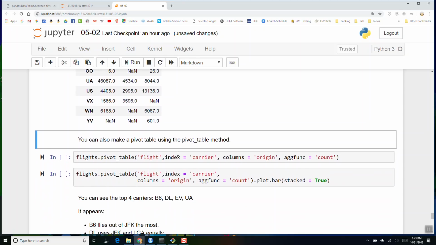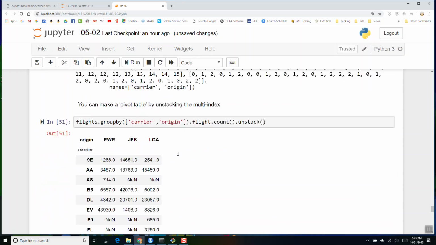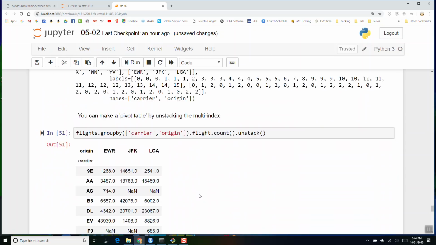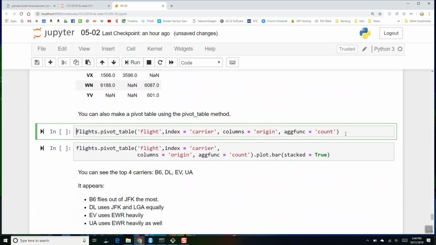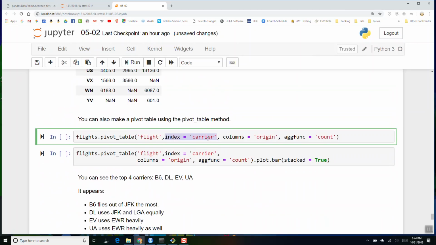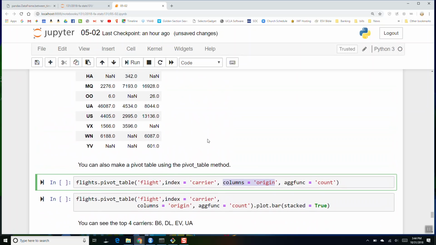All right, so you can do a group by with a multi-index, find your values, and then unstack them. You can also just do it directly using pivot table. Pivot underscore table takes in your data, and then index, which will basically be the rows. You can specify I want the carrier to be the index, and then I want the columns to be the origin.